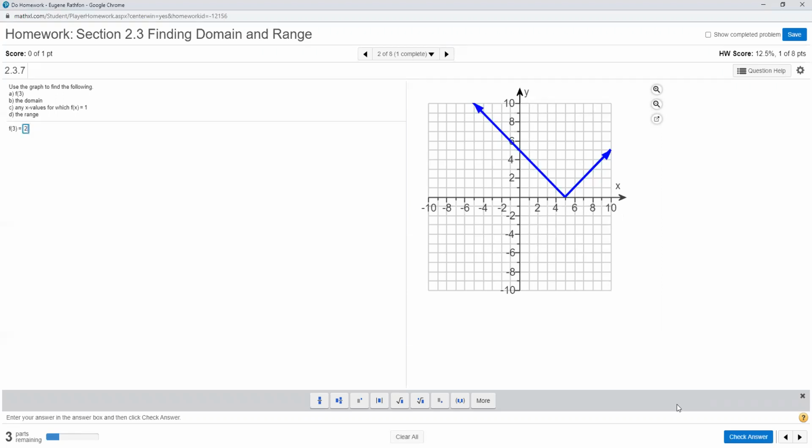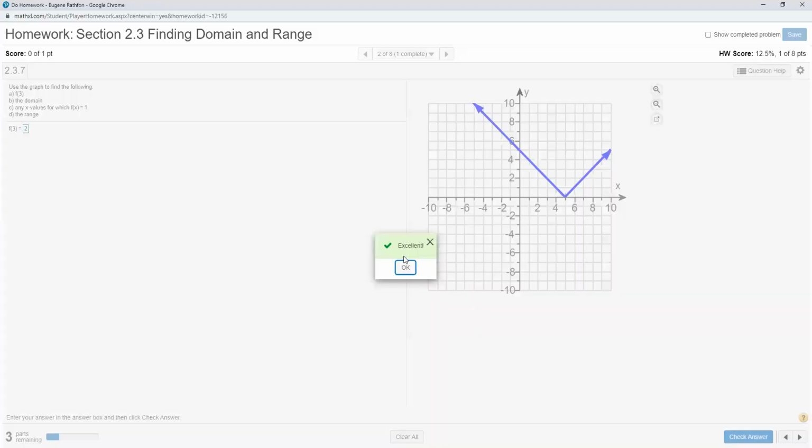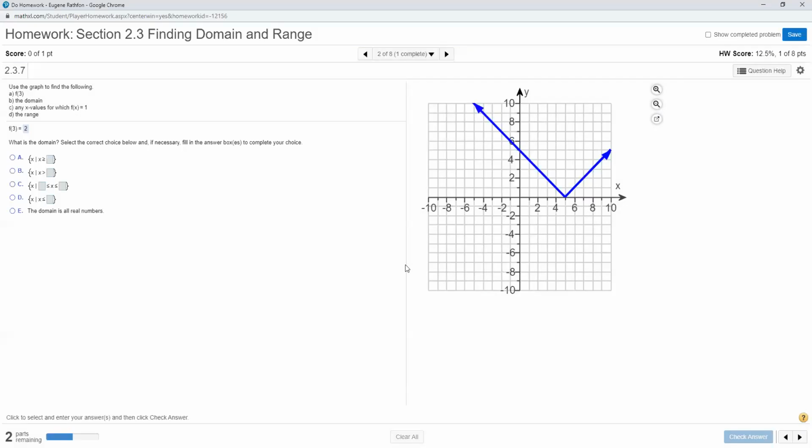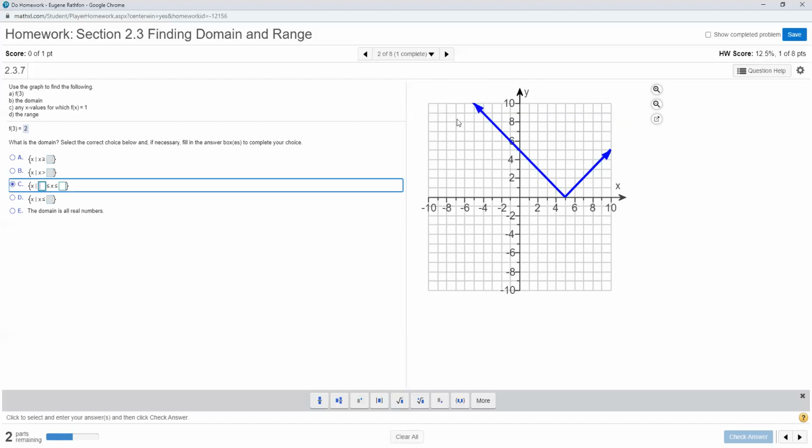So now we check that. The domain. When y'all look at this, when these arrows go forever in each direction, the domain, I'm going to show you, is going to be this one right here, C. Because if you keep going to the left and left, it's headed towards what we call negative infinity.